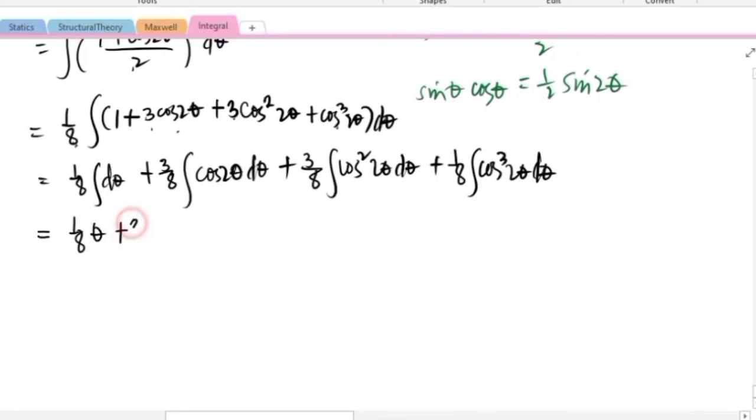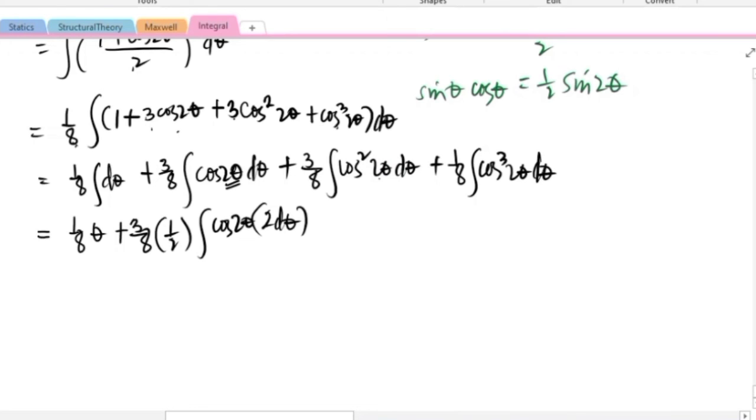plus 3/8. So the integral of 2 theta is 2 d theta, so we have to multiply 1/2 sa labas, and this is cosine 2 theta 2 d theta. Then ito, gagamitan ulit natin ang power reducing formula.